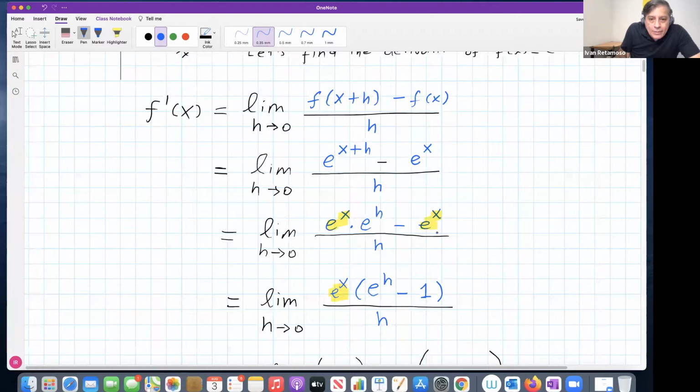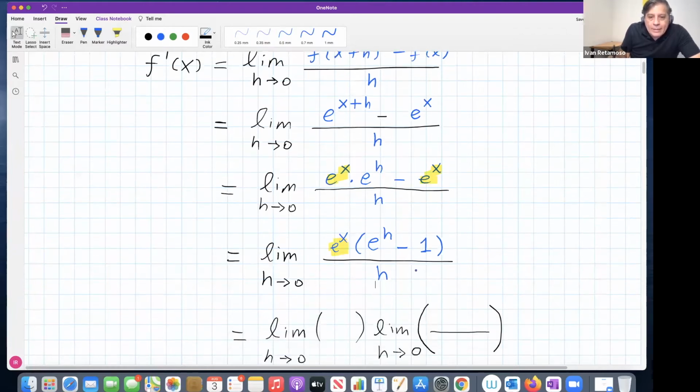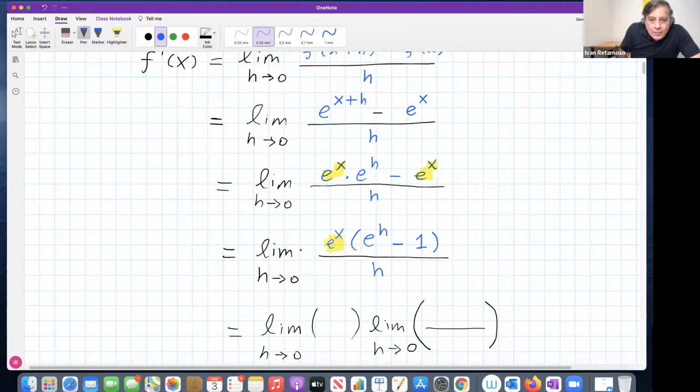Once you factor out e to the x, notice the following. Notice that we can distribute our limit over this multiplication, right? e to the x times this, right? It's a multiplication, so I'm going to distribute my limit over that multiplication.